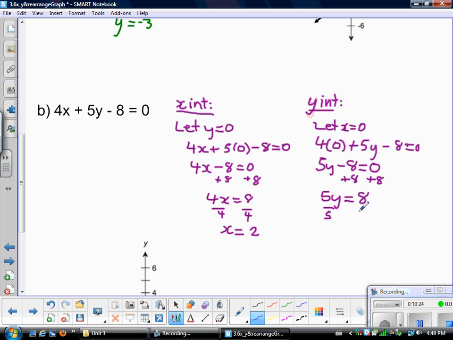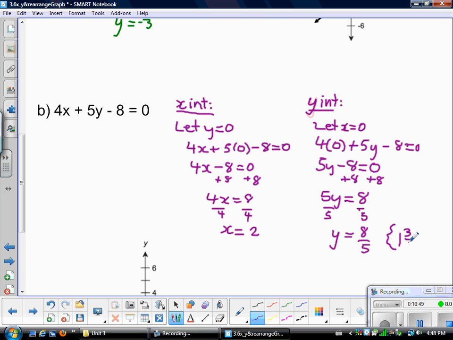Now, what we're going to end up with is a fraction, which is a little bit difficult to graph. However, I think we're quite capable. So 8 over 5, if you change it to a mixed number, how many times does 5 go into 8? It goes once, and there is 3 left over, so we could put 1 and 3/5.